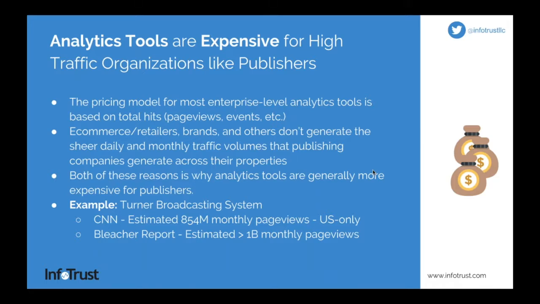Bleacher Report's owned by TBS, so CNN plus Bleacher Report is almost 2 billion hits just in those two properties. And again, CNN is only US, not any of the other countries. TBS owns a number of other properties, so they're looking at probably 5 billion, 10 billion, something like that. These are very high priced tiers within any analytics tool.